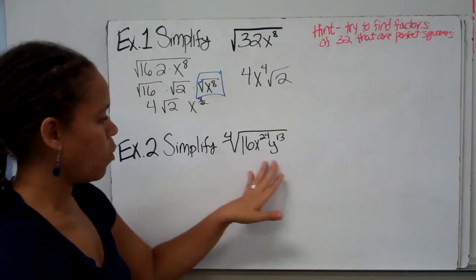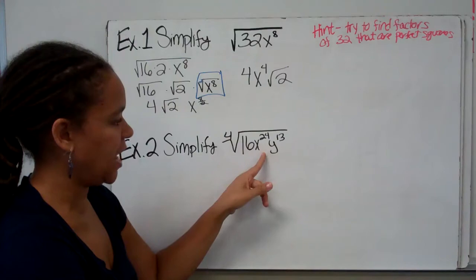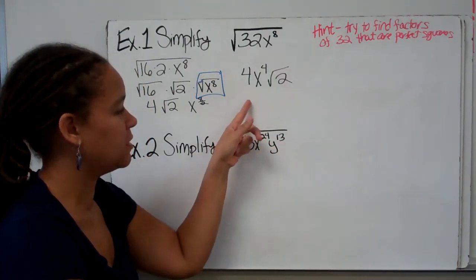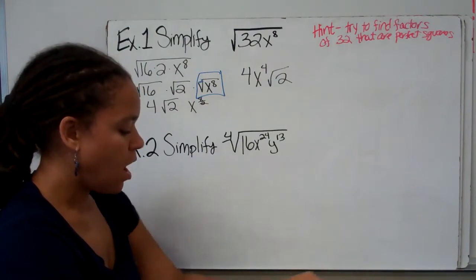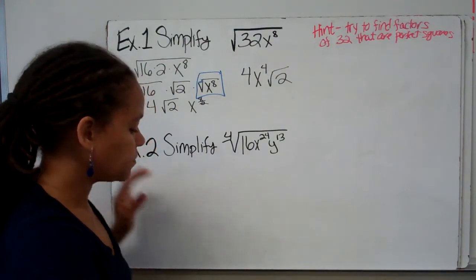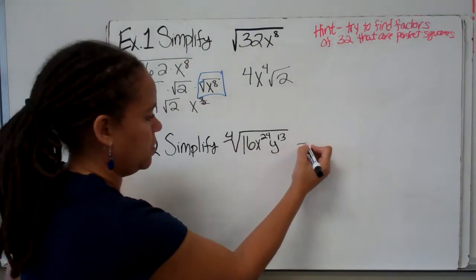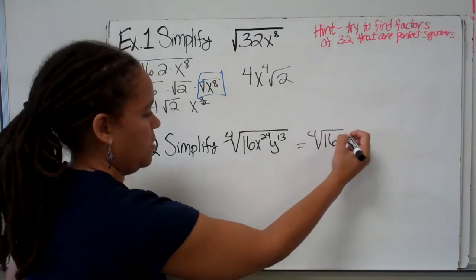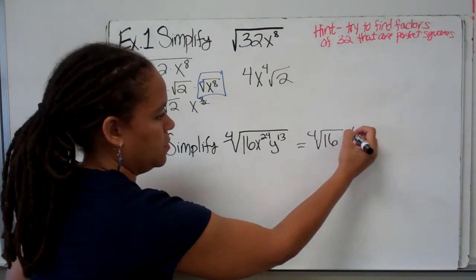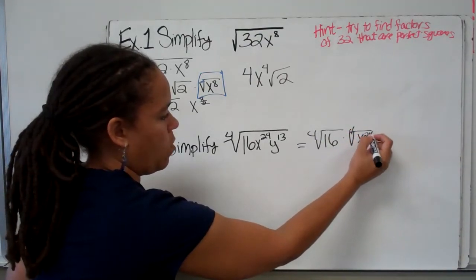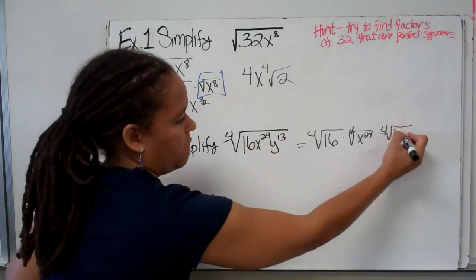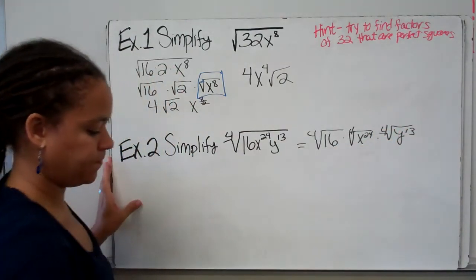Let's look at the 4th root of 16x to the 24th, y to the 13th. After another example, you may be able to understand this a little better. First, we're going to break it down. This really is the 4th root of 16 times the 4th root of x to the 24 times the 4th root of y to the 13.